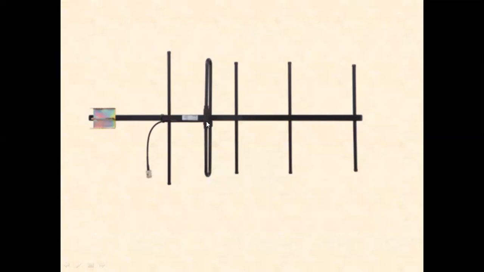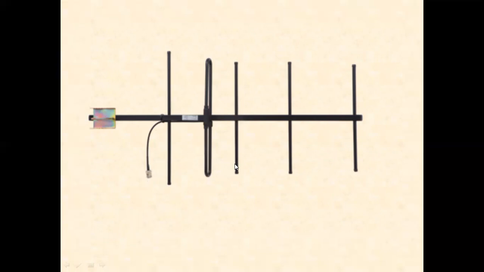This is the feed point. A transmission line, coaxial cable, is connected to the folded dipole, and through a balancing unit, it is connected to the television receiver. This is a reflector. This is a driven element or folded dipole that is directly connected to the television receiver.